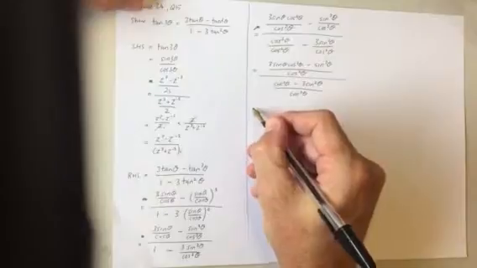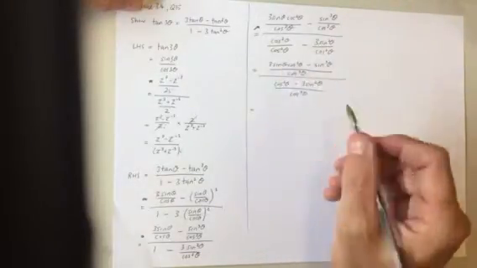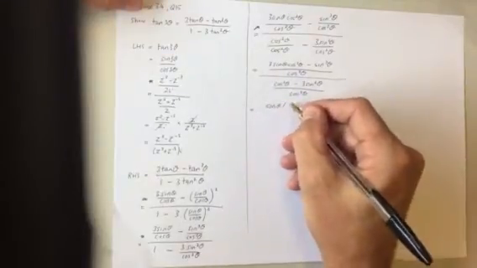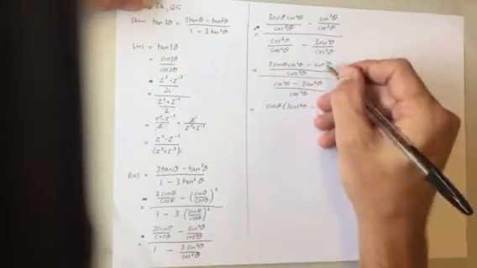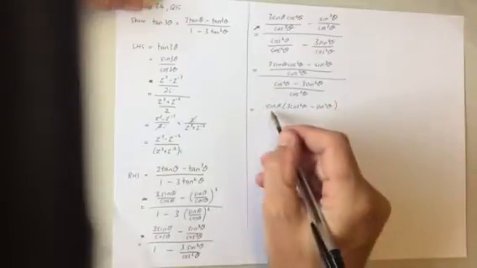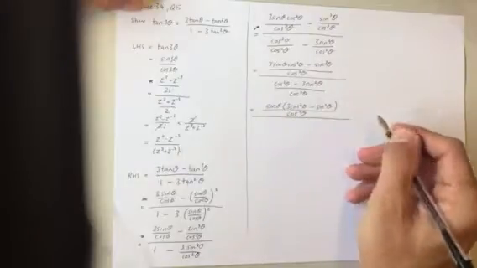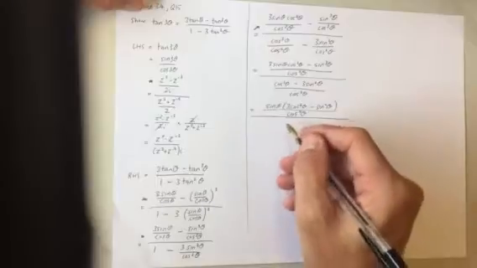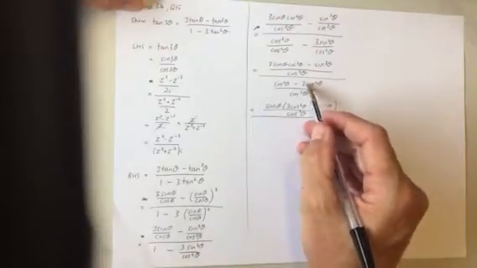Alright, if possible, factorise. So I can factorise this numerator here. We can take out a sine theta, so it's sine theta, all over, we can't simplify that. We can substitute in for sine squared theta.